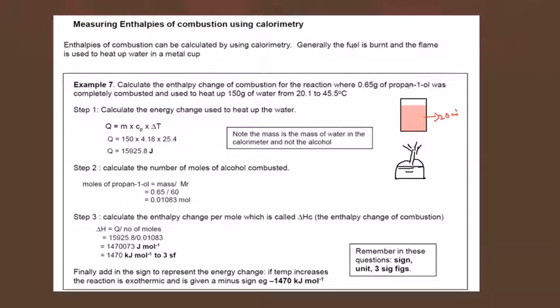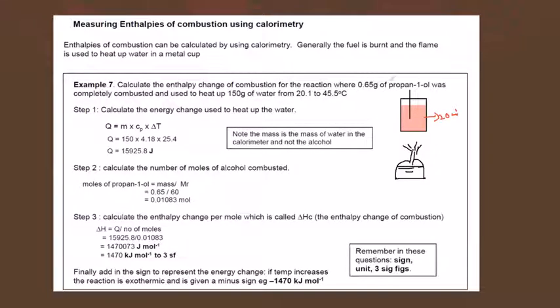Using a thermometer, we will record the initial temperature, and when we burn this fuel, we will record the final temperature.